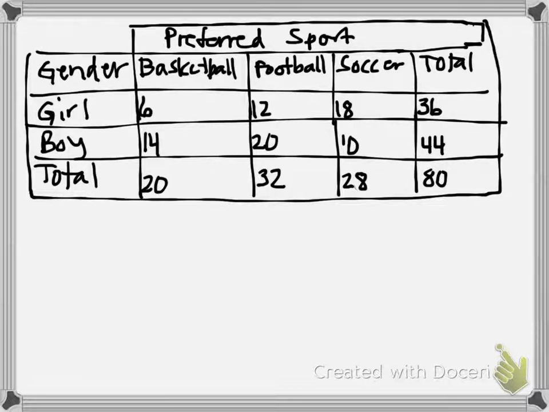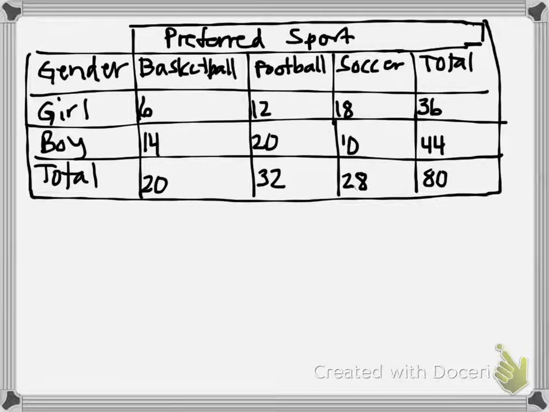Okay. So in the conditional relative frequency, what we want to do is look at girls who like basketball versus people who like basketball. So we actually have 2 conditional relative frequencies that we can calculate for each one of these.